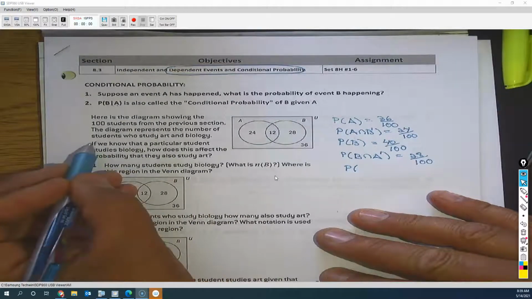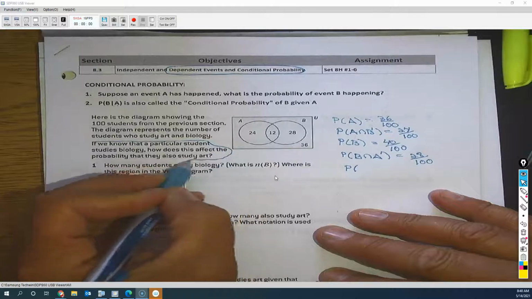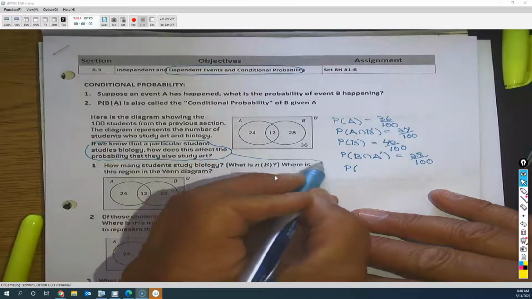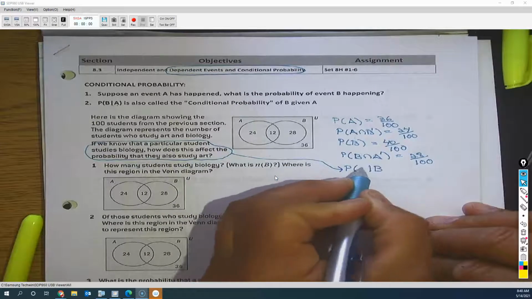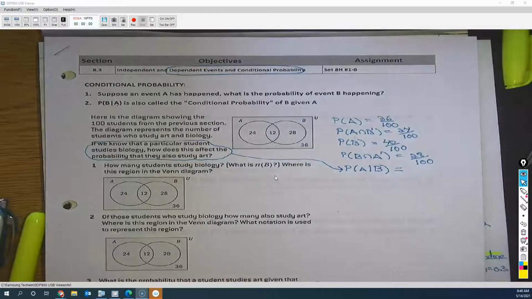Now, what you're figuring out next is what this question's asking: if we know that a particular student already studies biology, how does that affect the probability that they study art?